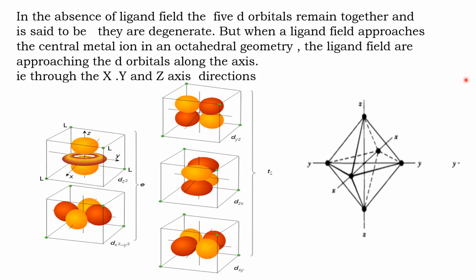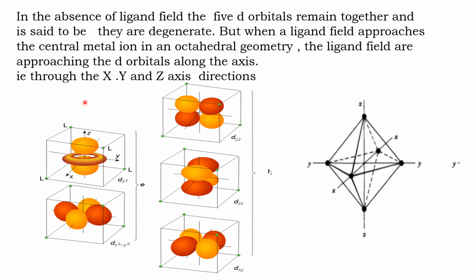See here, I have these orbitals. I am classifying these three as having the same symmetry, with electron density between the axes: dxy, dxz and dyz. While the other two, dx square minus y square and dz square, have the electron density along the axes.